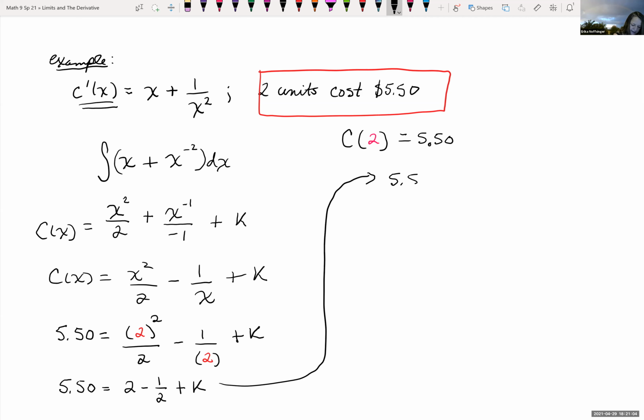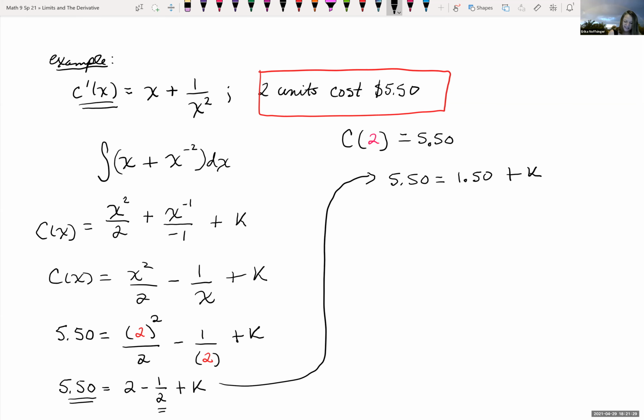Well, half is 0.5. So 2 minus 0.5 is 1.5, or we can say 1.50. I'm just doing that because this piece is in decimal, so we might as well write 1/2 as a decimal. And then we have plus our k. We want to solve for k, so let's subtract 1.50 on both sides.